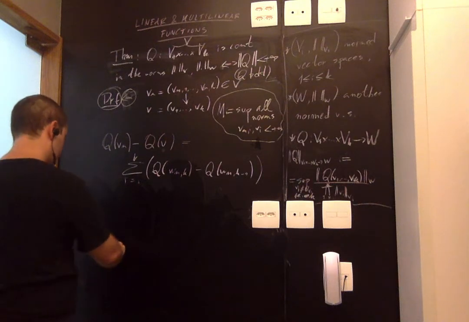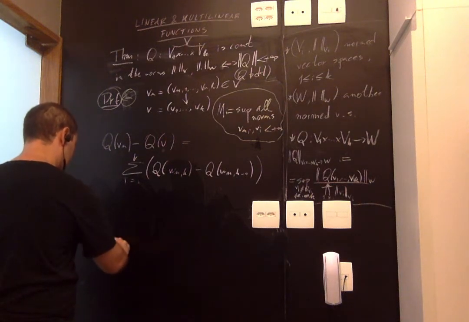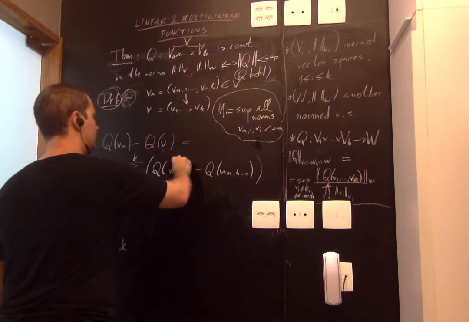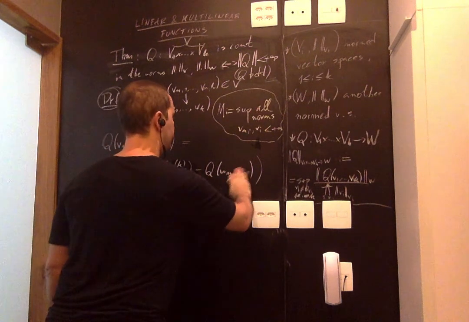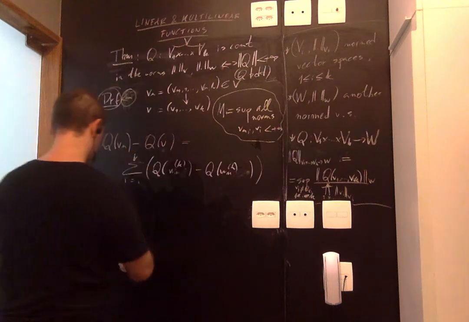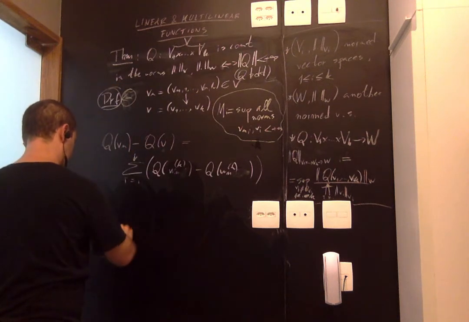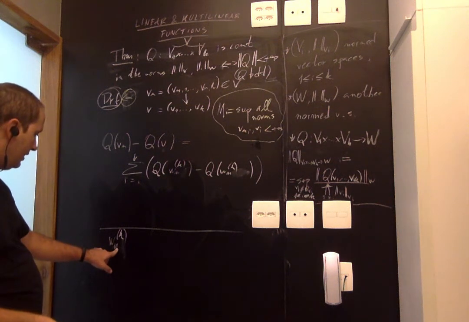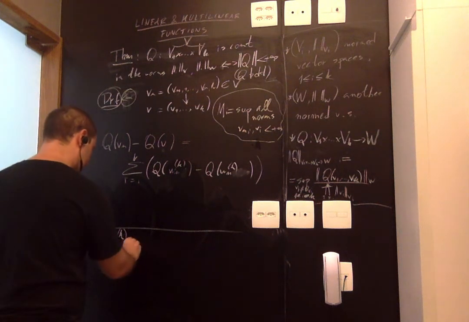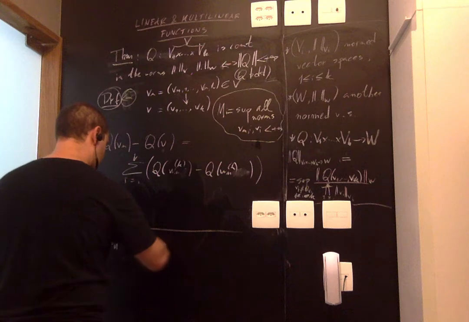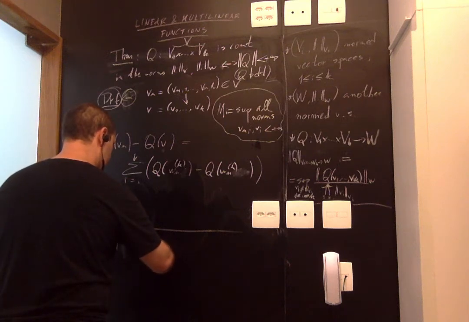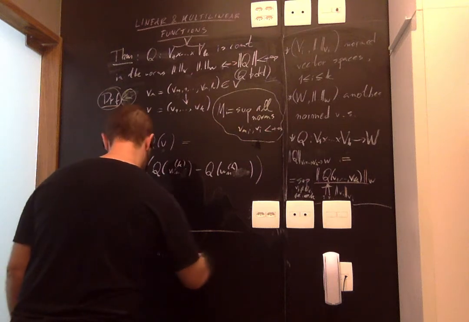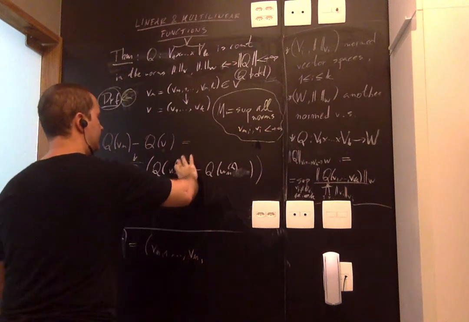What are these guys? W_n^k is something of this form. On the first coordinates, I have the coordinates of V sub n. Sorry, and this is not k, this is i. Sorry.